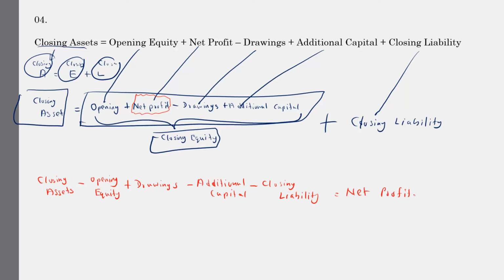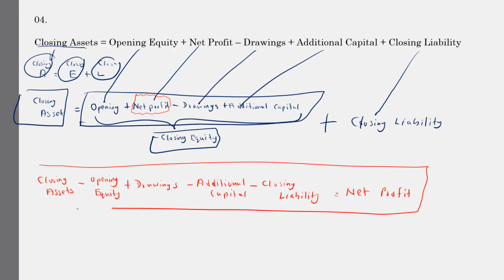Now you might wonder, so many methods are there to calculate the net profit, right? Not only sales minus cost of sales, then adding whatever other income, and from that deducting all your expenses; from that method you can arrive at the net profit. That is not the only method. You have different methods to arrive at the net profit.